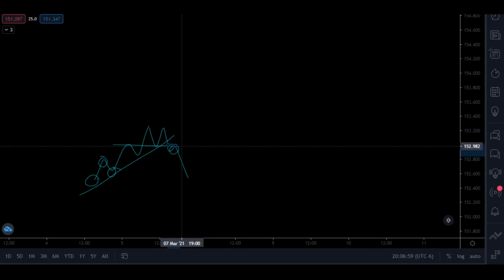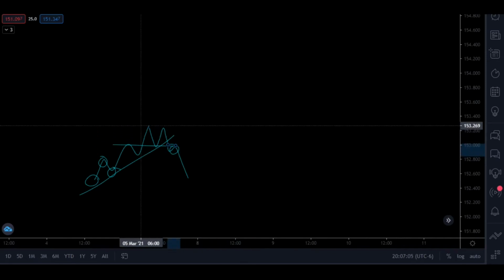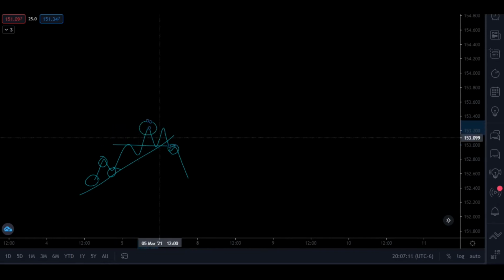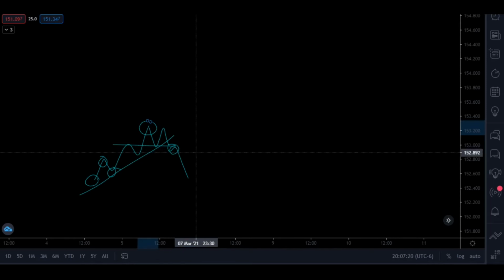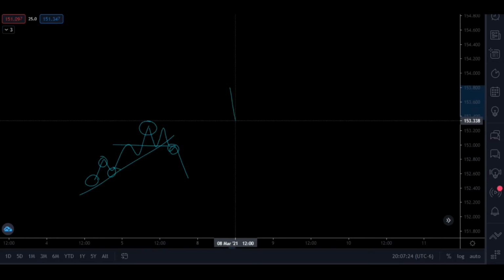Double tops and double bottoms are very profitable because they will show you the end of a trend. So instead of trying to catch this top, selling it, you will catch the trend finishing but with confirmation. And the same goes for a double bottom.